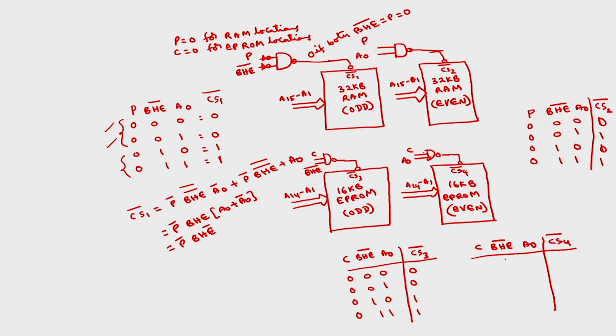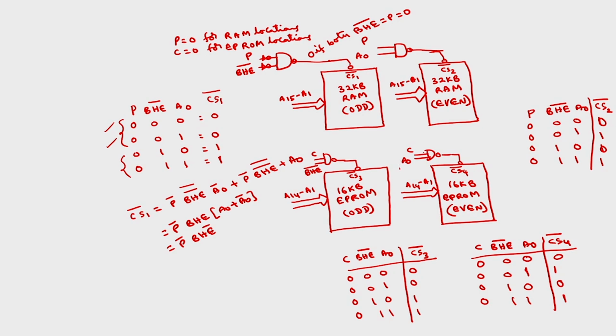CS4 bar should be 0 for EPROM. 0, 0 means both the banks, so this has to be selected. 0, 1 means this is high bank only, odd bank, so even bank will not be selected, means 1. 1, 0 means only lower bank, which is even bank, so this has to be selected. 1, 1 means no bank is selected. If you write the Boolean expression, you will get NAND operation of C and A naught. This is about the complete memory map of this particular problem.